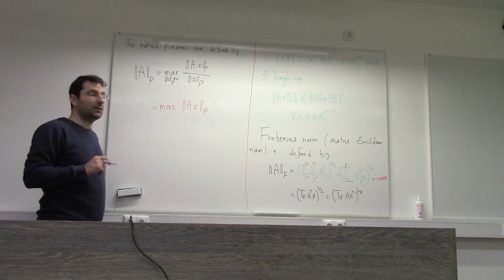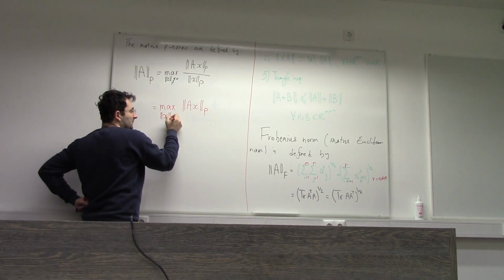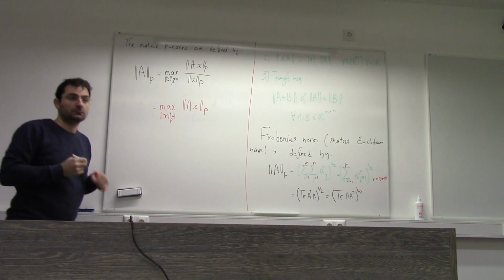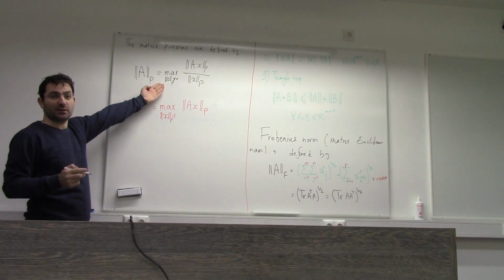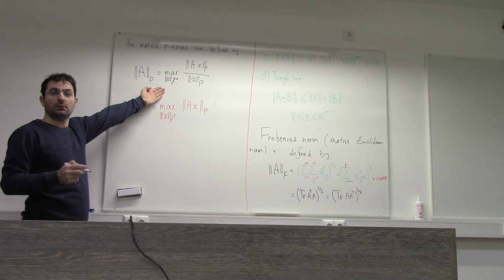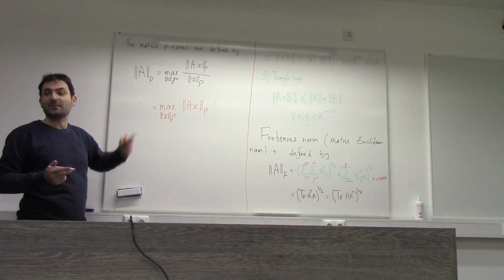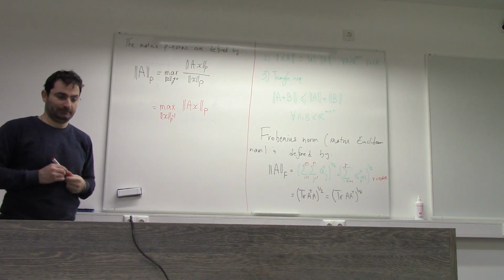When the P norm of x is 1. And I don't need to write the condition x not equal to 0. Why? Because we're not dividing anymore, and the norm is already 1, so x cannot be 0.